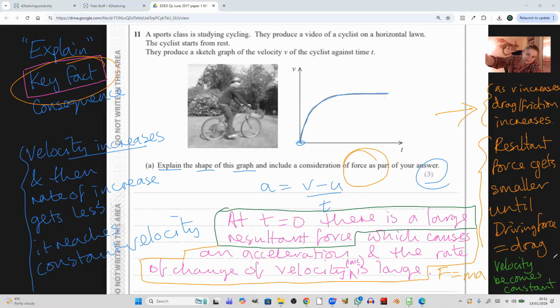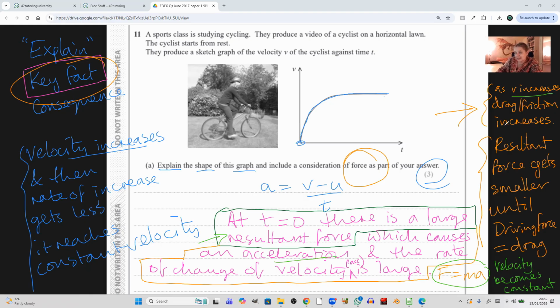Right, now, how exactly the 3 marks are split up, but can you see the structure here? We have to explain the shape and we must use force to do it. So we have to have a key fact that includes force. And our key fact, F equals ma, we've got a large resultant force, we get an acceleration.